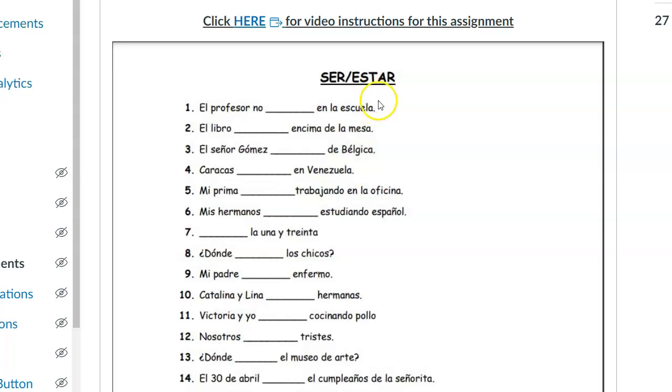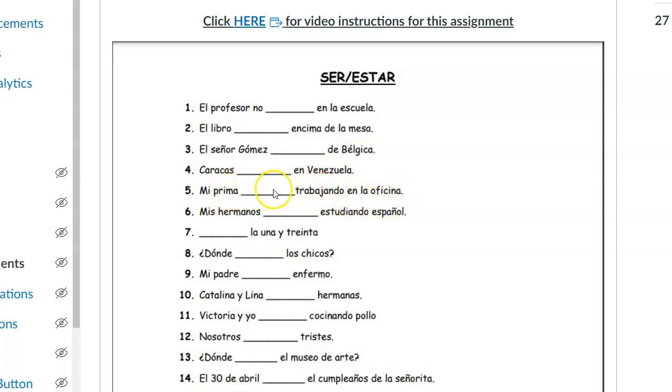This construction is the verb to be plus a verb in the ing form. And the ing equivalent in Spanish is ando. Trabajando is working. So I'm saying my cousin is working in the office.